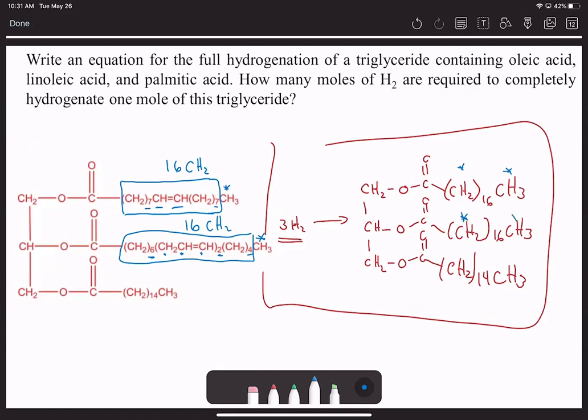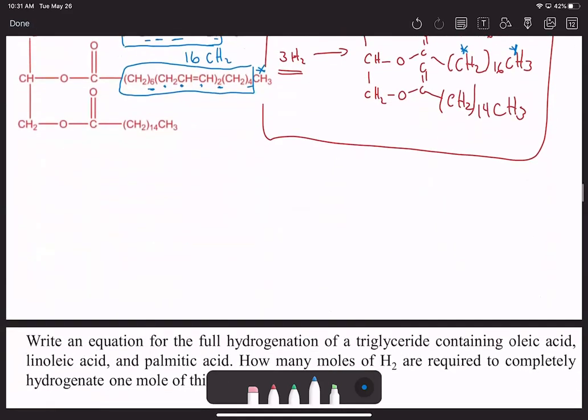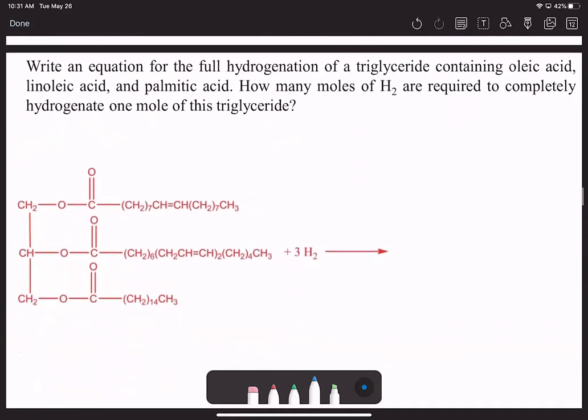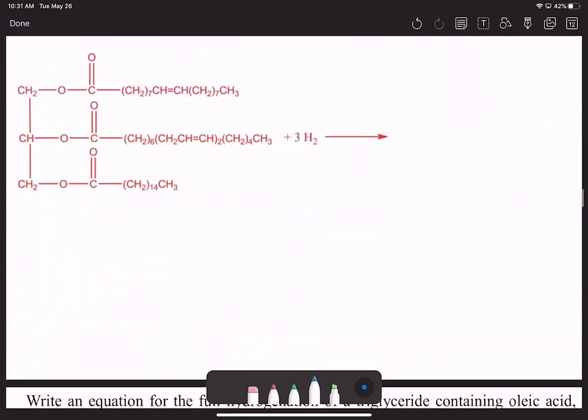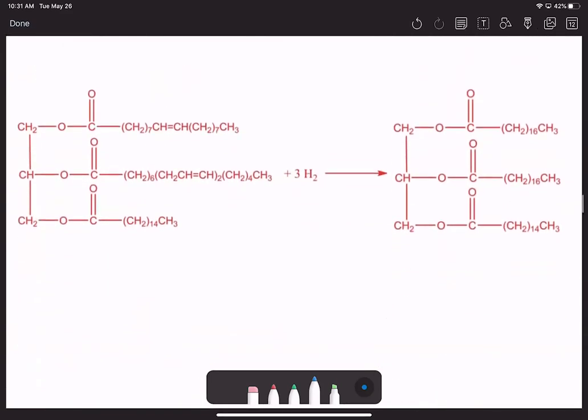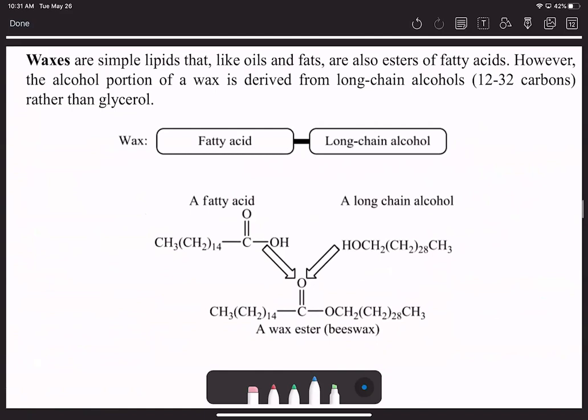And that's what we did here. So I hope that clears up my counting when I'm doing those CH2s. That's everything we just did. All right, so I think that'll cover our fatty acid lipids when we're talking about fats and oils.